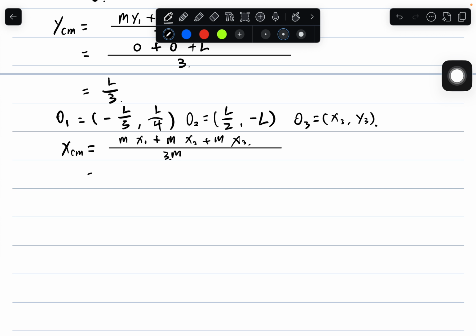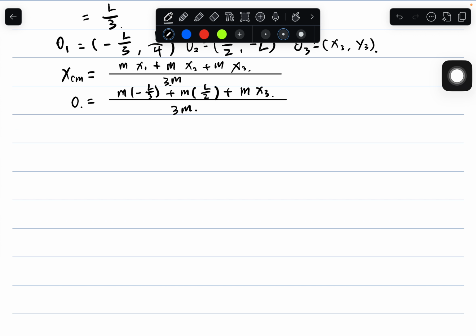Now we plug in all the coordinates: m times negative 3 over L, plus m times 2 over L, plus m times x3 equals 0, because the x coordinate of the center of mass is 0.